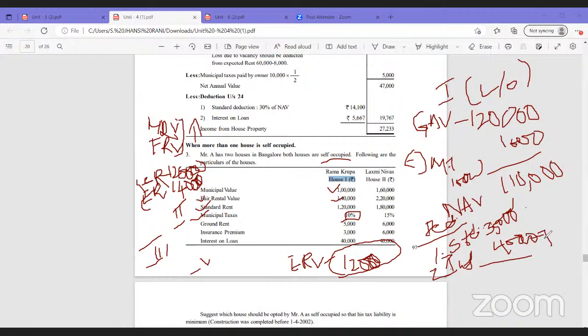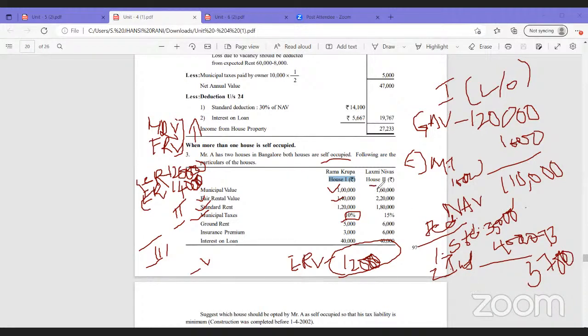And if I deduct 73,000 from 1,10,000, we get 37,000. This is income from house property if the first house is taken as let out house.